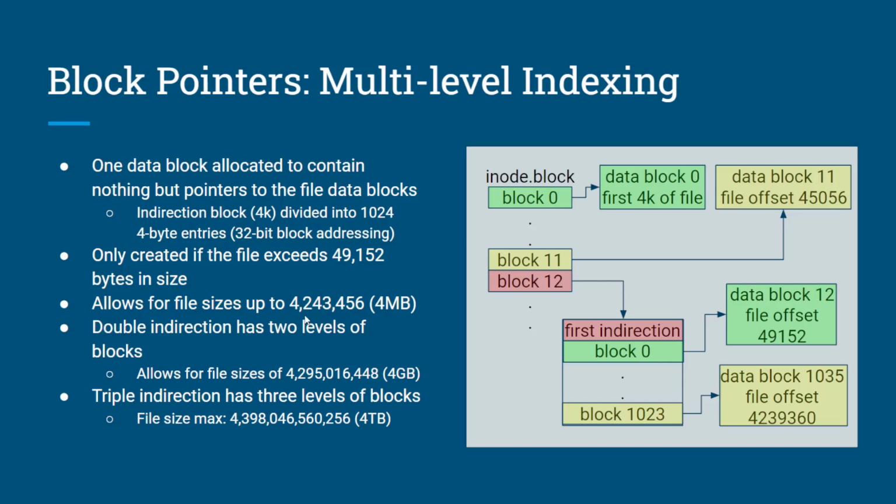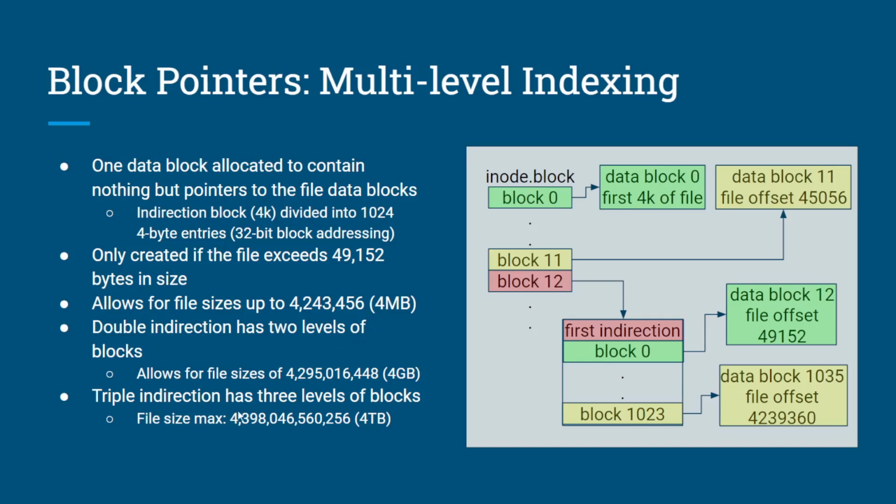Now the next level of indirection, or block 13, points to a block that points to blocks, but these will be index blocks that point to data blocks. Now that we've got 2 levels of indirection, we can have files up to 4 gigabytes in size. Finally, the last block, block 15, or I should say block 14, there are 15 blocks here.